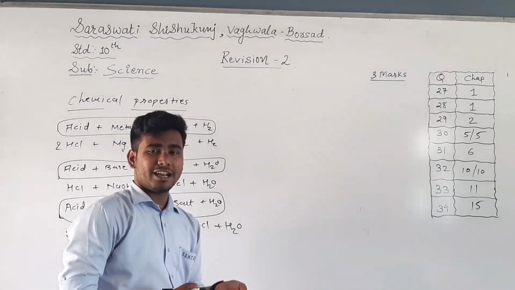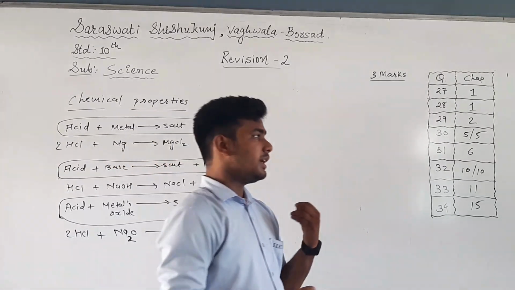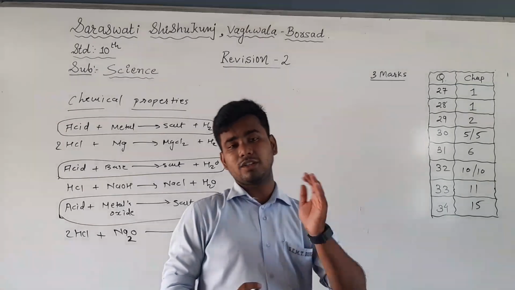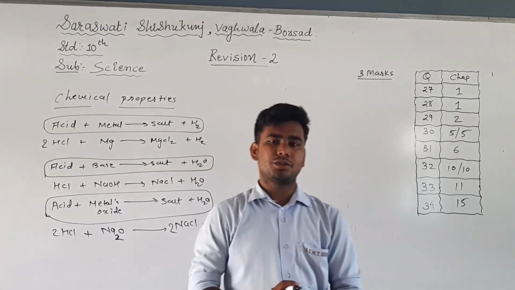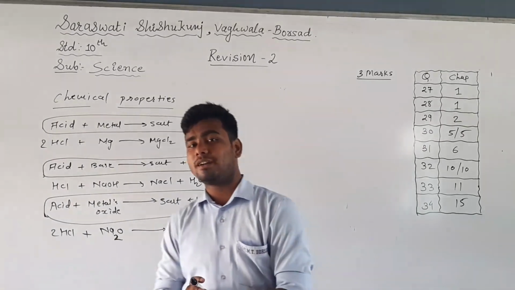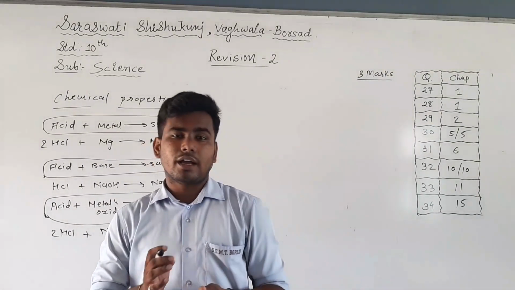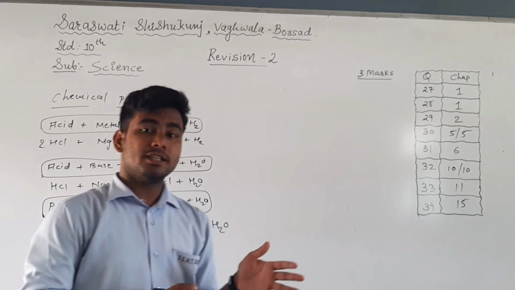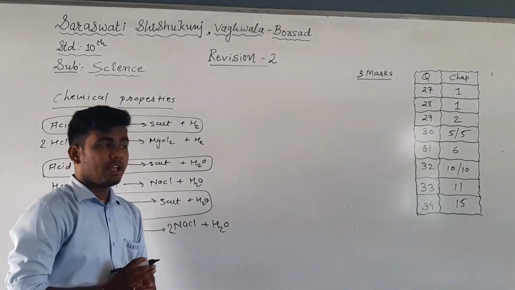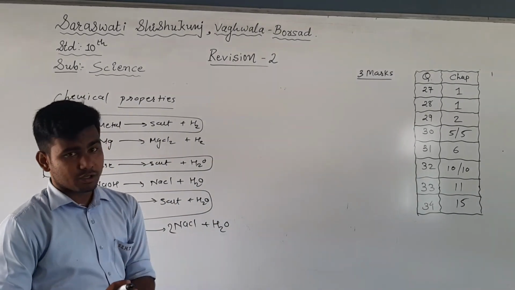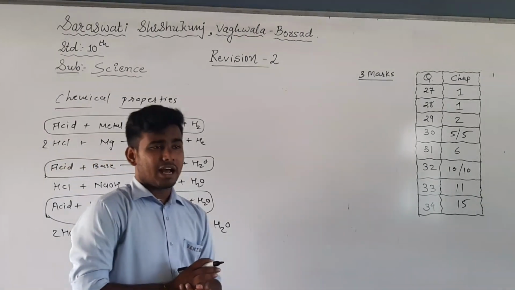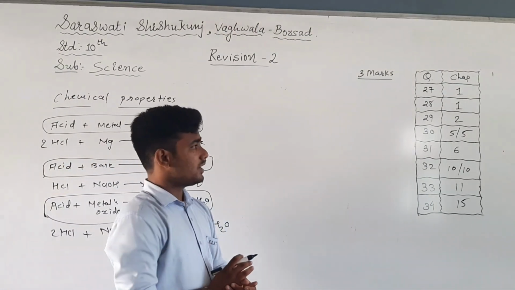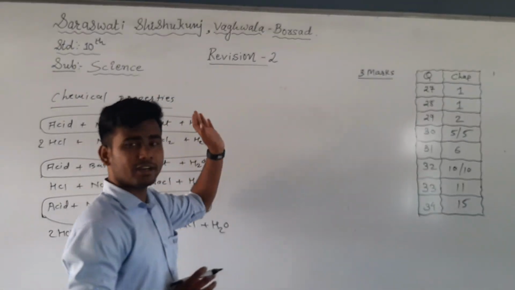If food particles are left in our teeth, it can also increase the acidity, meaning it decreases our pH level, and it can result in tooth decay. We can also understand how pH is important in digestion, and importance of pH in soil can also be asked. Such types of questions can be asked to you in 3 marks. Okay, so that is clear.